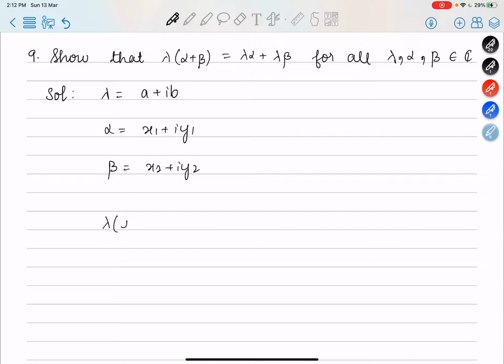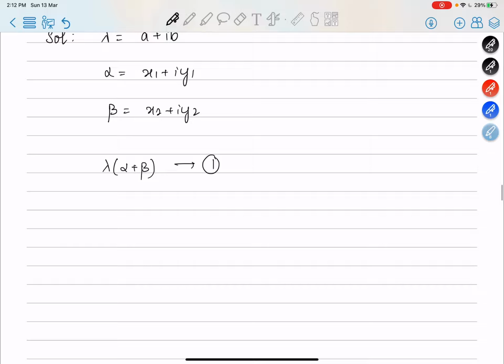Then first calculate lambda times (alpha plus beta). This will be equation 1. Then find lambda alpha, lambda beta. This will be equation 2. Compare these two equations and you'll have the same answer.